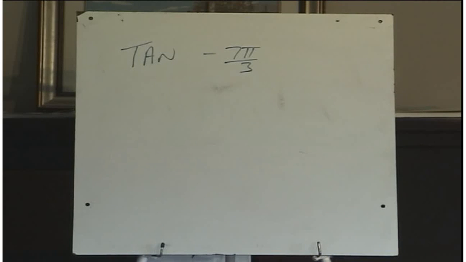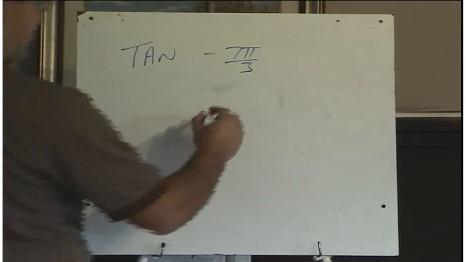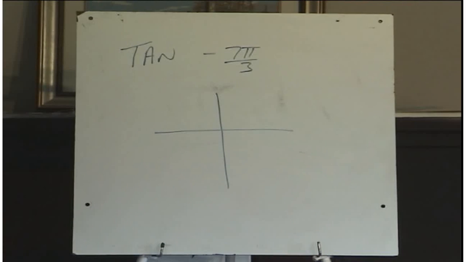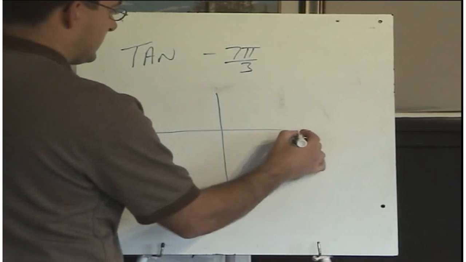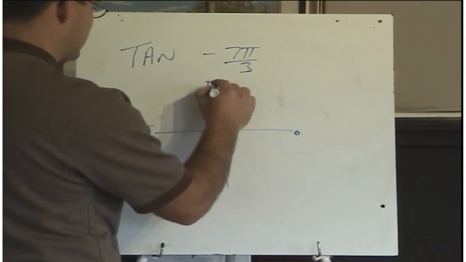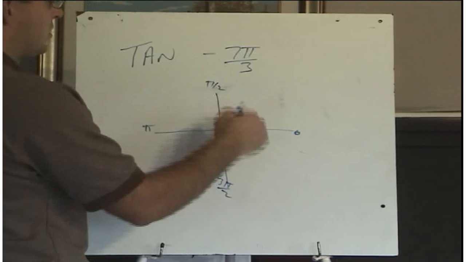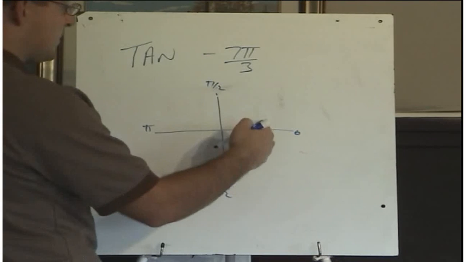Let's look at this one final question. What is the exact value of tan negative 7 pi over 3? I'm going to draw this angle in standard position so I know which quadrant it's in. This is a negative angle, so I'm going to be spinning this way.